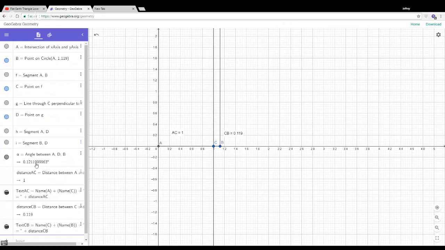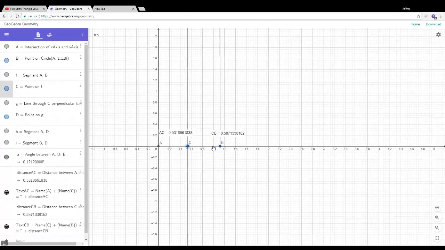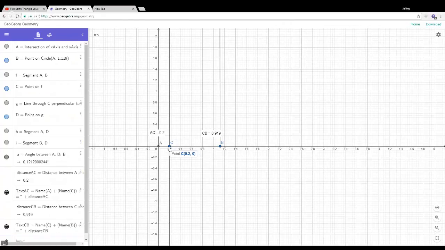Because again, they probably would have rounded this up to 0.1212 degrees. So what this shows is that, sure, it was a scalene triangle, but Antonio hasn't actually changed the math at all.